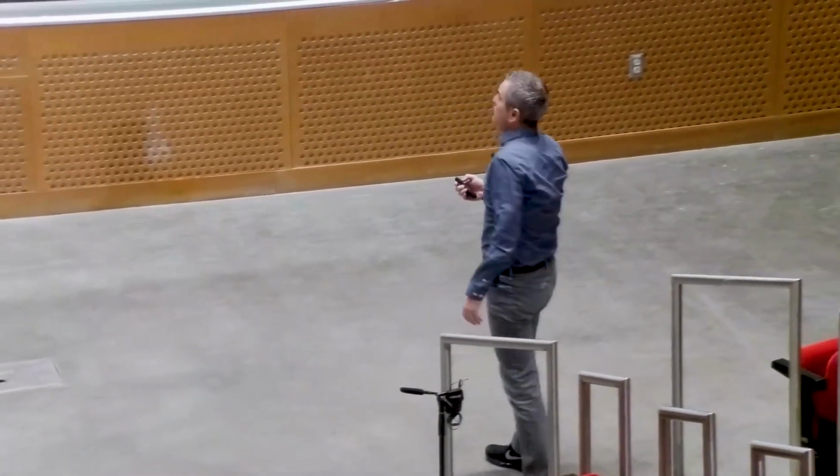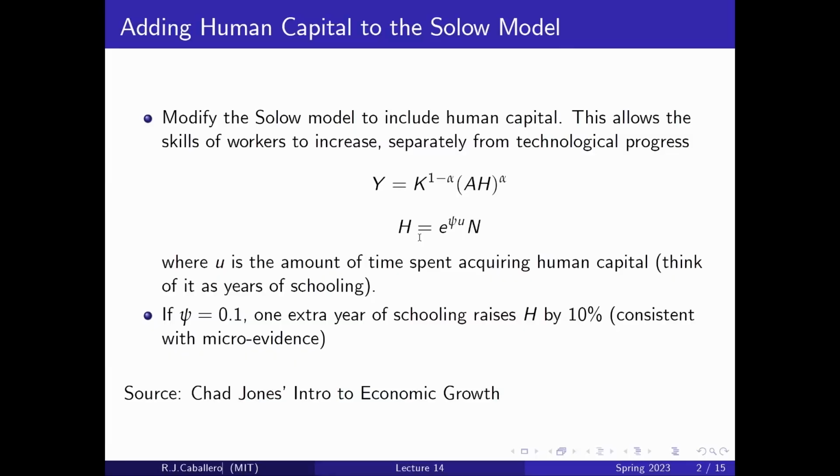So the first thing I'm going to do, which is useful as an exercise even, is modify the Solow model a little bit. This is like the production function I showed you before, but rather than having n here, I'm going to have h. And h is just n, our old n, population, labor force, whatever, but scaled up by this human capital factor, okay?